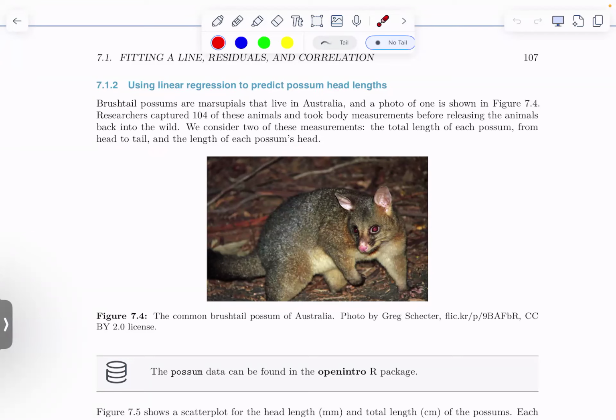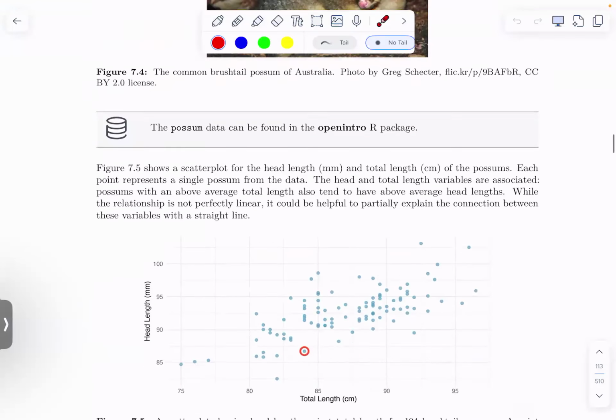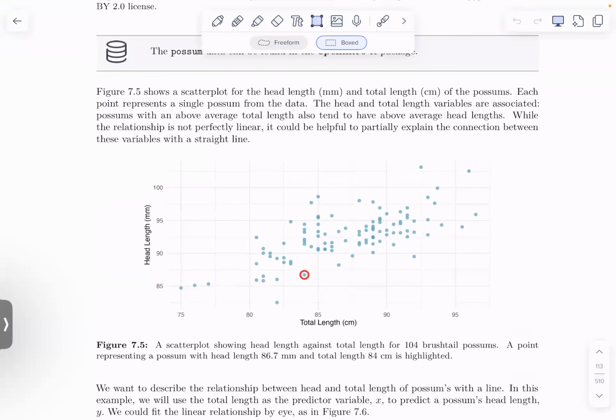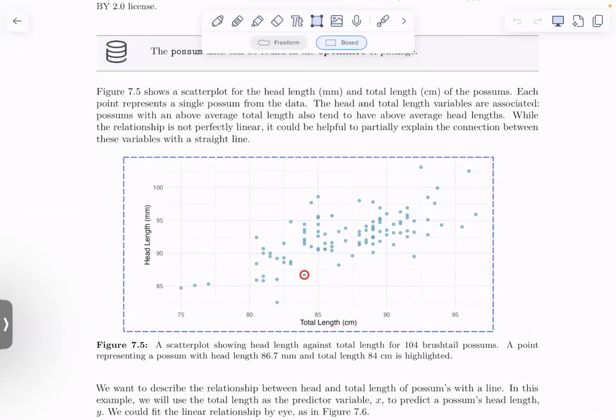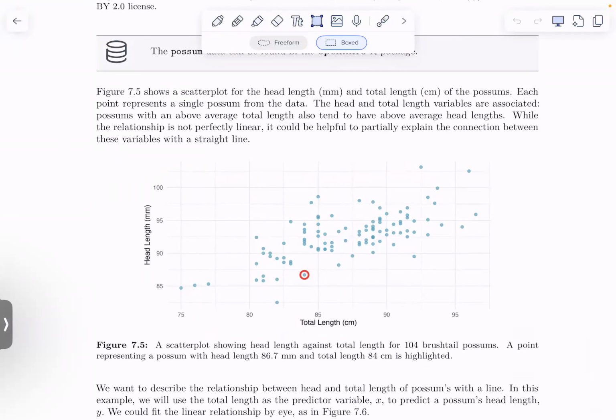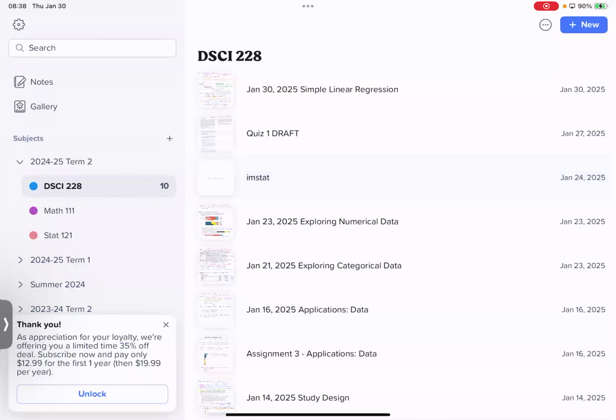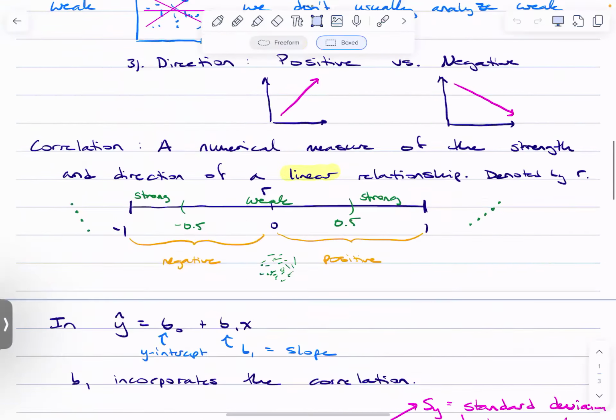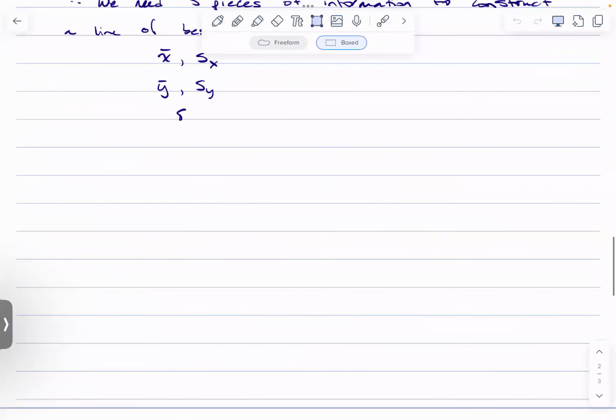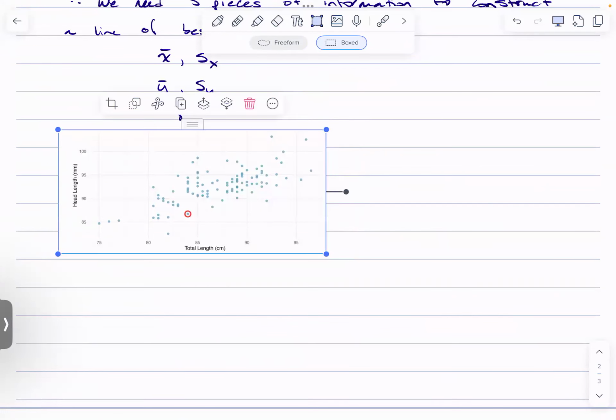So you suspect a positive relationship: as your head length increases, hopefully your body length increases as well. Maybe they don't care. But as we suspected, the relationship looks like this.